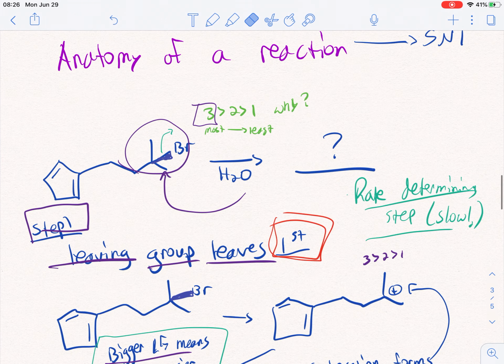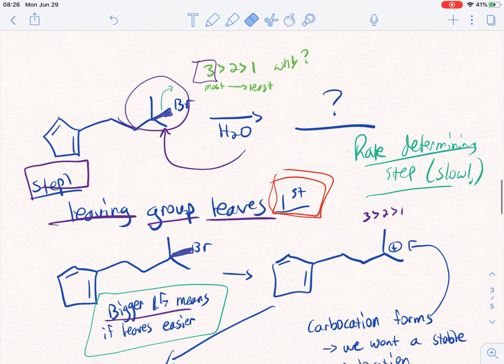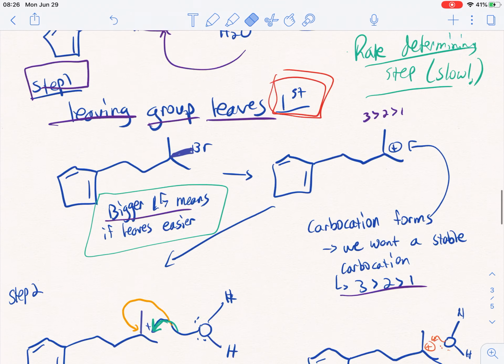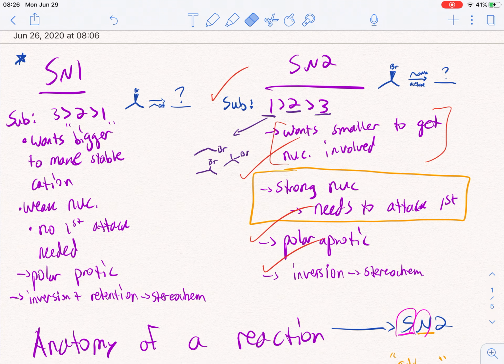I just wanted to go through the mechanism and how it works and what's important in it. And so SN1, SN2 reactions are not that bad. Let's just go back. I'm going to do a little brief review. SN1 wants tertiary, secondary, then primary because it wants a more stable carbocation. SN2 wants primary, secondary, tertiary because it wants less stuff getting in the way in order for the nucleophile to attack.